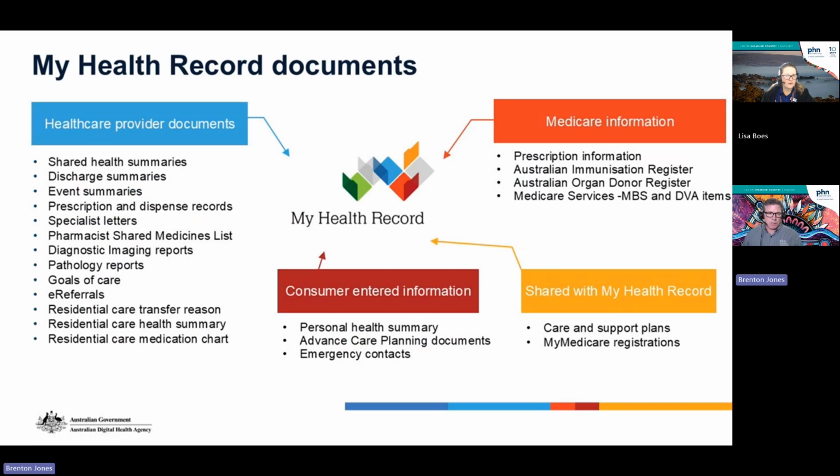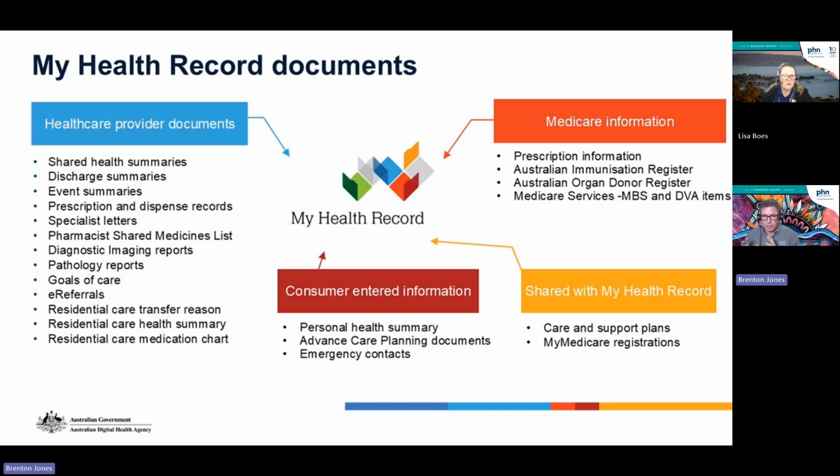But this slideshow is a list of available documents in the My Health Record system. So real quick recap here. For healthcare provider documents, it's entered data, which are clinical documents such as health summaries, discharge summaries, and the like. And then there's also the Medicare sourced information, which includes your Medicare benefits and Department of Veterans Affairs item numbers, pharmaceutical benefit schemes, Australian Immunisation Register data, information recorded on the Australian Organ Donor Register, and My Medicare Info.